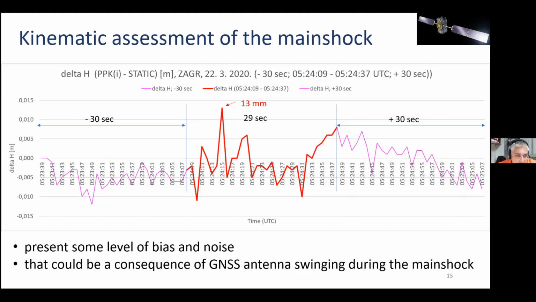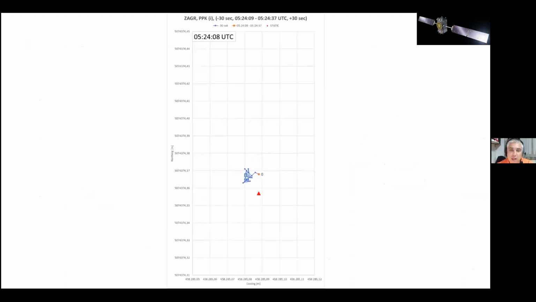Of course, you have seen that there is present some level of bias and noise. As I told you, that spike could be a consequence of GNSS antenna swinging during the main shock.